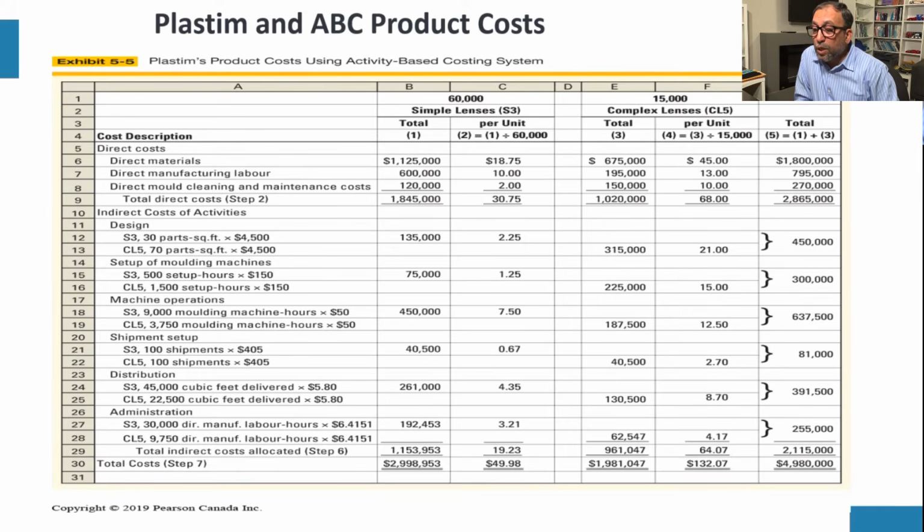But here, after this detailed analysis of the indirect cost, the cost for the simple lens is 1.153 million. Although we also have to subtract this element from there as well. If we add that one as well, it is still very different from what we charge in the standard or traditional costing system.